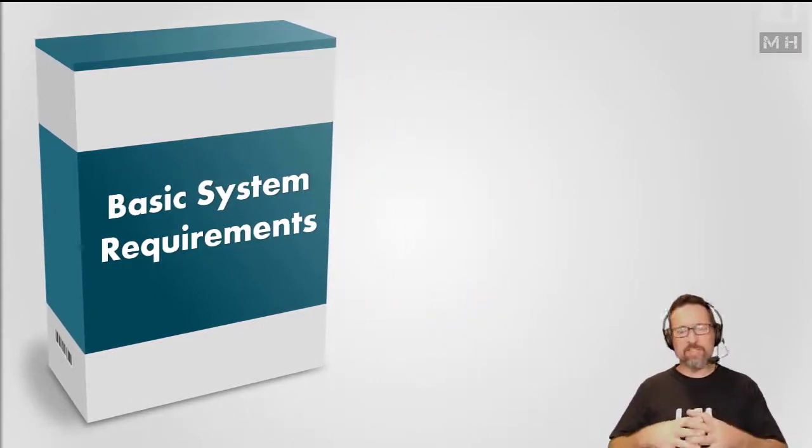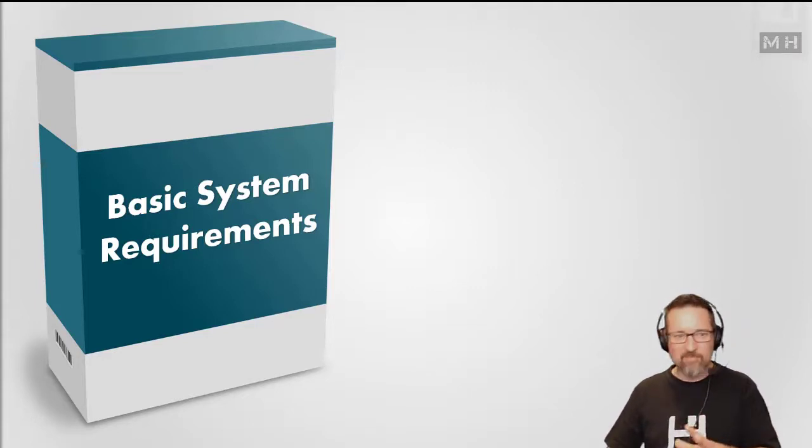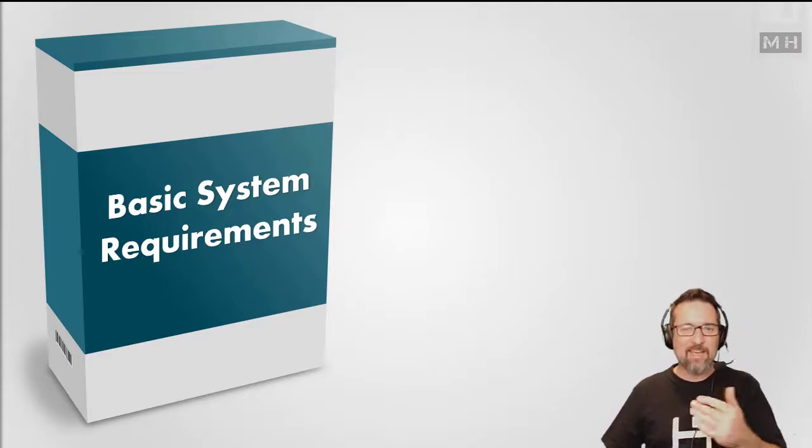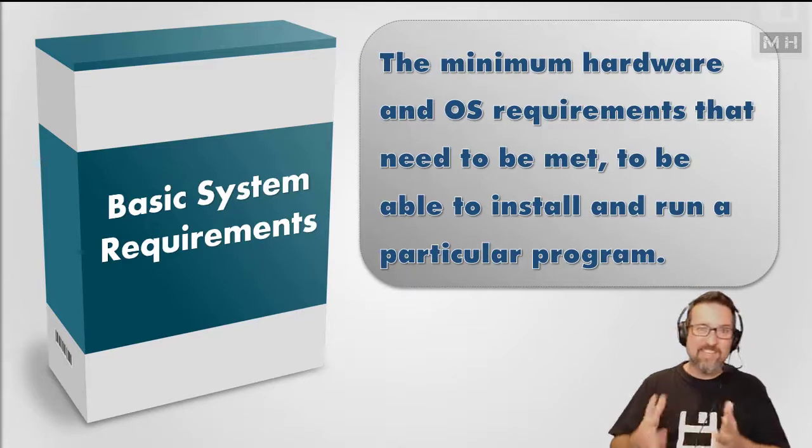When we are purchasing software, and you want to be able to use a particular kind of software on your computer, there will be somewhere on that software box or online a thing that says system requirements. So what does that mean? Basically, your basic system requirements are as follows.